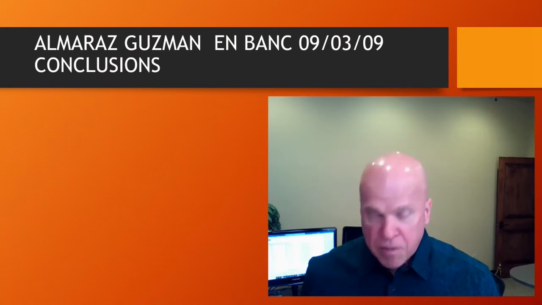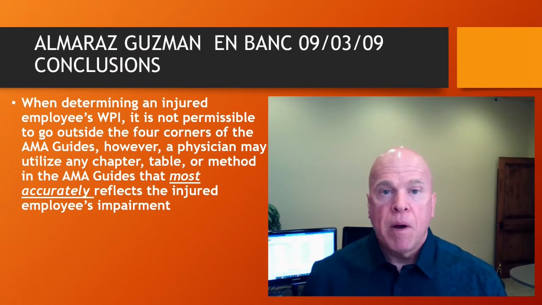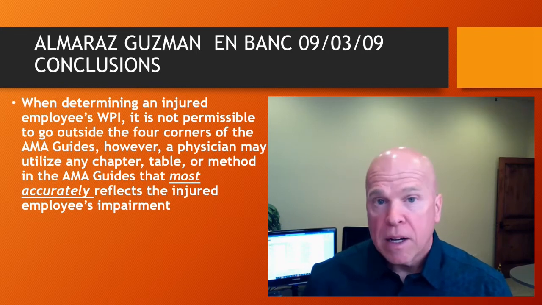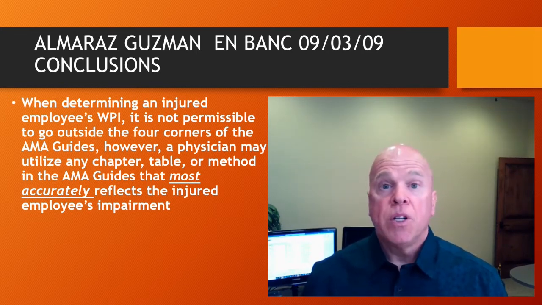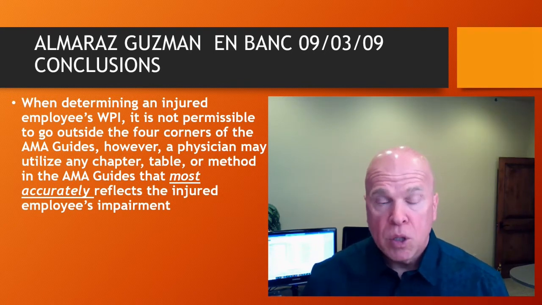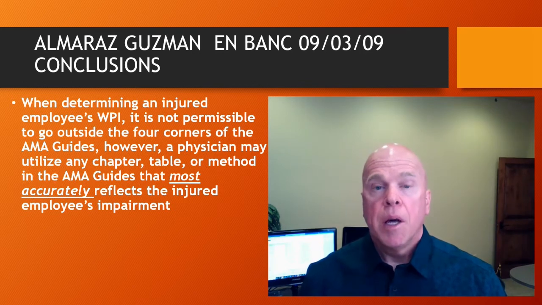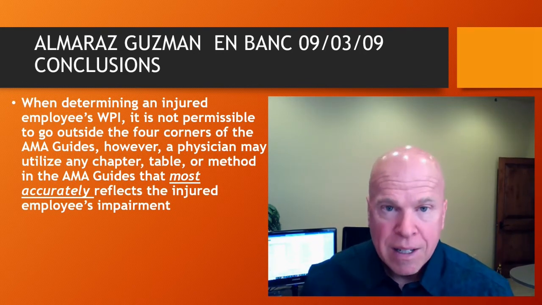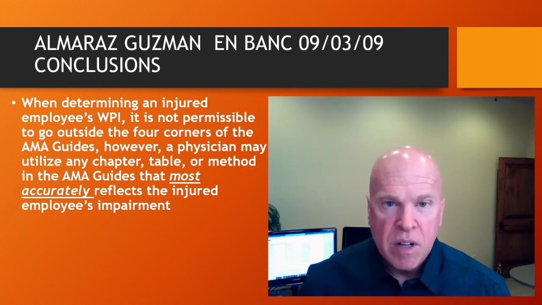So in providing for impairment ratings that are more accurate than the impairment rating provided for under the strict and conservative application of the AMA guides, one opportunity that we have available to us is to provide impairment ratings by analogy to similar conditions that cause similar limitations in activities of daily living.